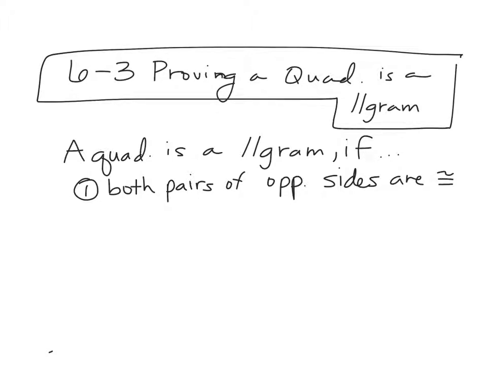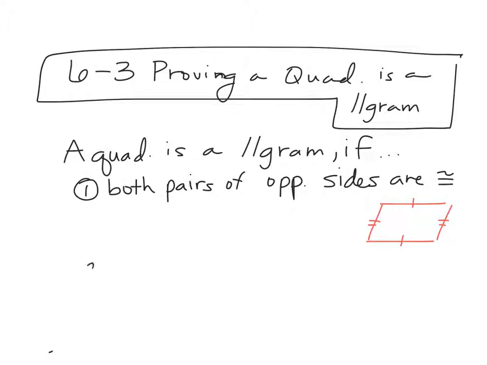Okay, so in other words, if I have this picture and these are marked congruent, okay, it's a parallelogram. So they don't need to tell me it's a parallelogram. They need to mark opposite sides congruent, and I can say it's a parallelogram. Okay, so that's the first one. If both pairs of opposite sides are congruent, then the quadrilateral will be a parallelogram for certain. Okay, number one.